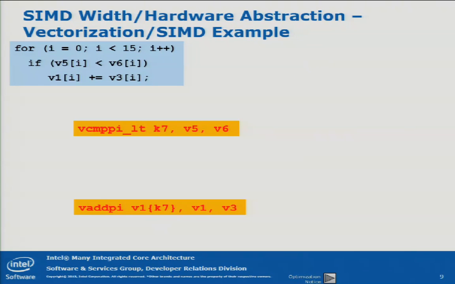At least MIC, for example, and probably also other upcoming Intel platforms will have conditional vector operations. Okay, and this is basically a vector compare producing a so-called mask register. And with that mask register, you can control where a vector operation is acting, on which data elements it is acting.